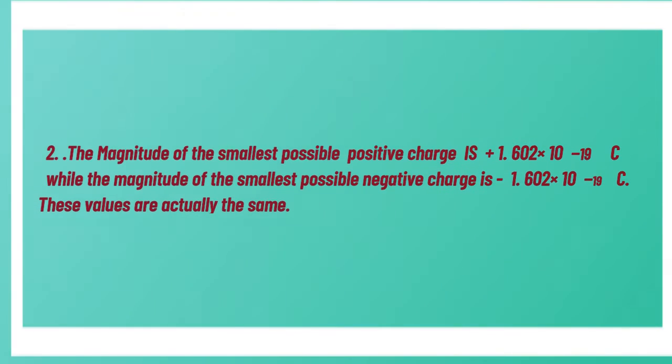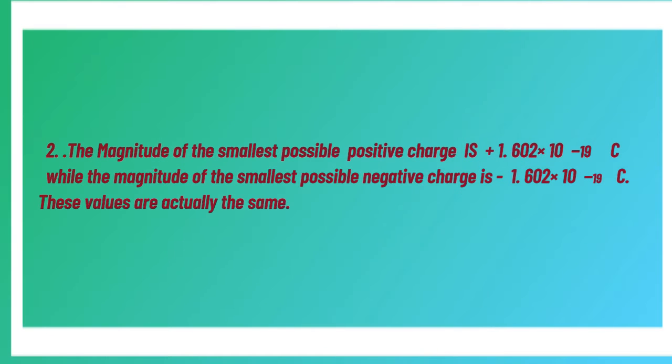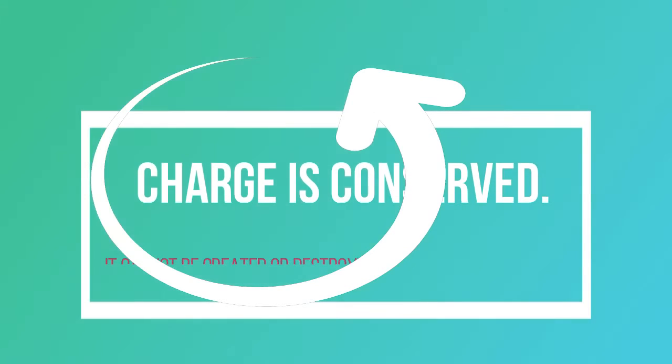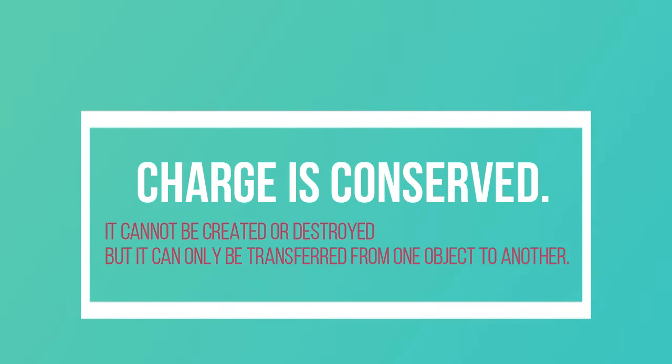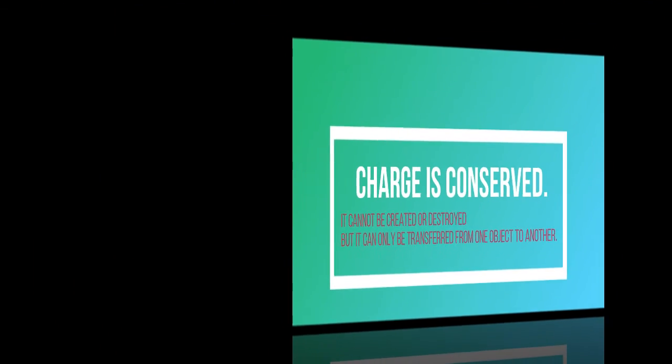The magnitude of the smallest possible positive charge is positive 1.602 times 10 raised to negative 19 coulomb, while the magnitude of the smallest possible negative charge is negative 1.602 times 10 raised to negative 19 coulomb. These values are actually equivalent. And lastly, like energy, charge is conserved. It cannot be created or destroyed, but it can only be transferred from one object to another.